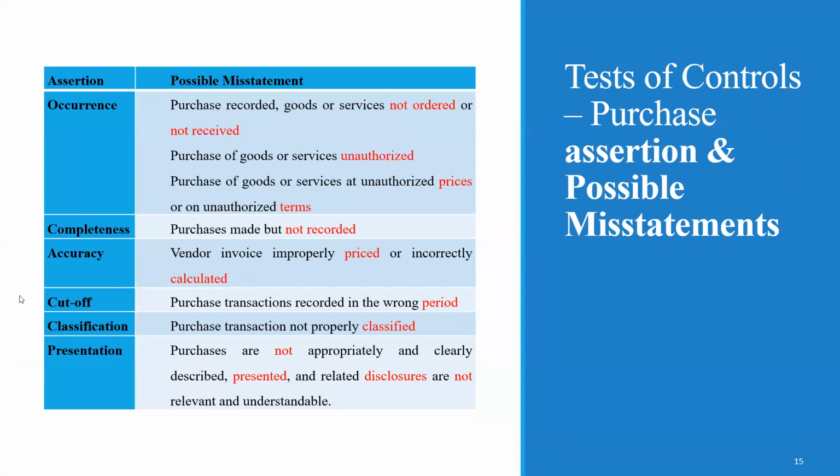Okay, accuracy. Accuracy means when the accountants record the purchase and cash payment transactions, the details should be accurate, especially the value, right? So in relation to this accuracy assertion, what are the important control points?